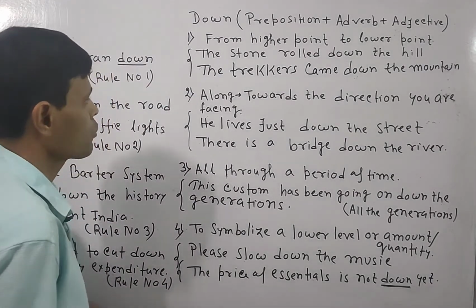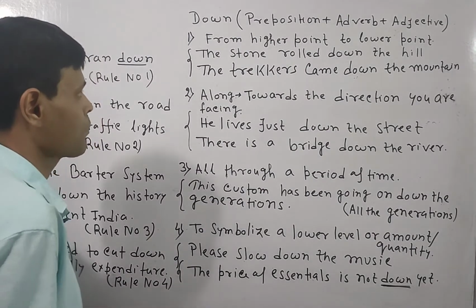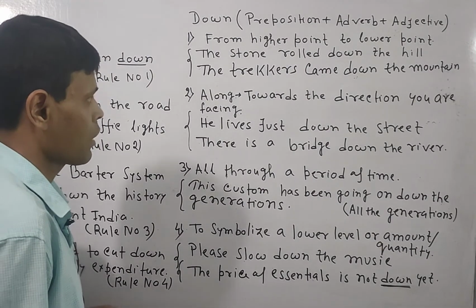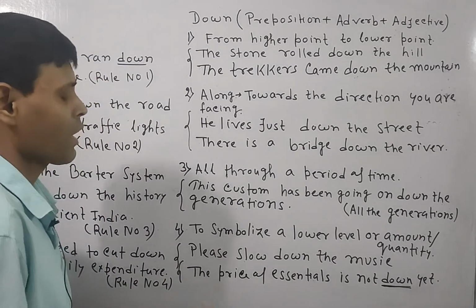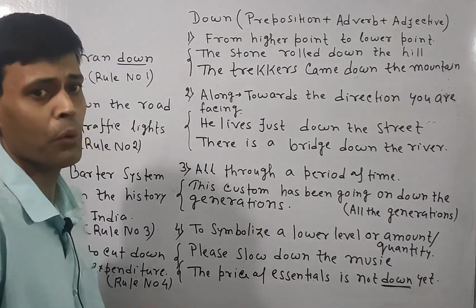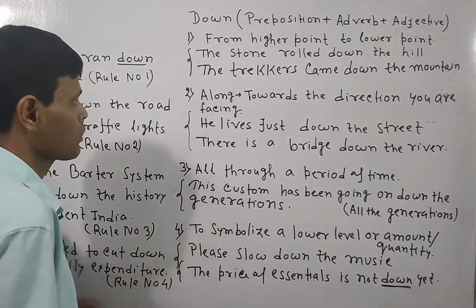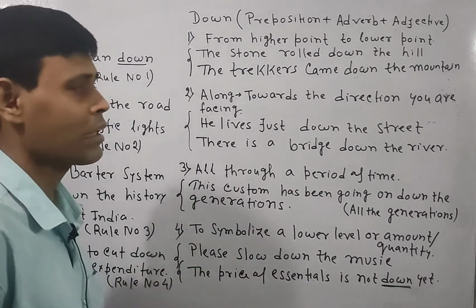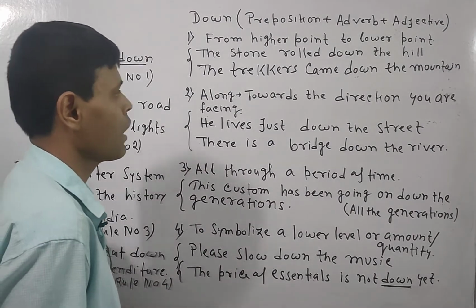Now if I look over the first rule, while mentioning some higher point to some lower point, we can easily use down. What can be the proper use? The stone rolled down the hill.